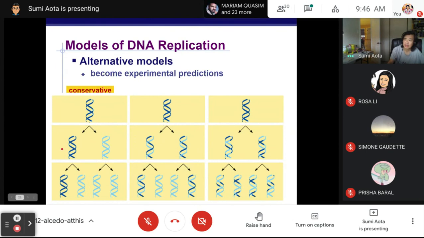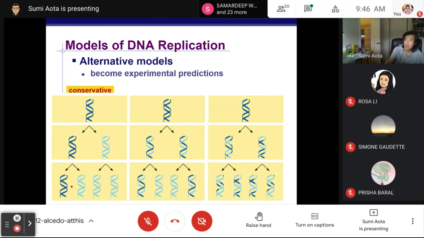Then that happens again. So the new strands are 100% both new, and the original strands stay together. That's what we call the conservative model of replication.